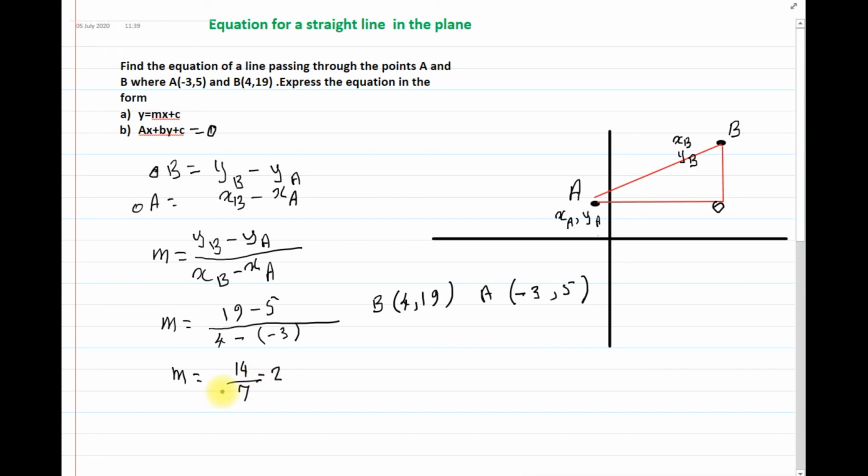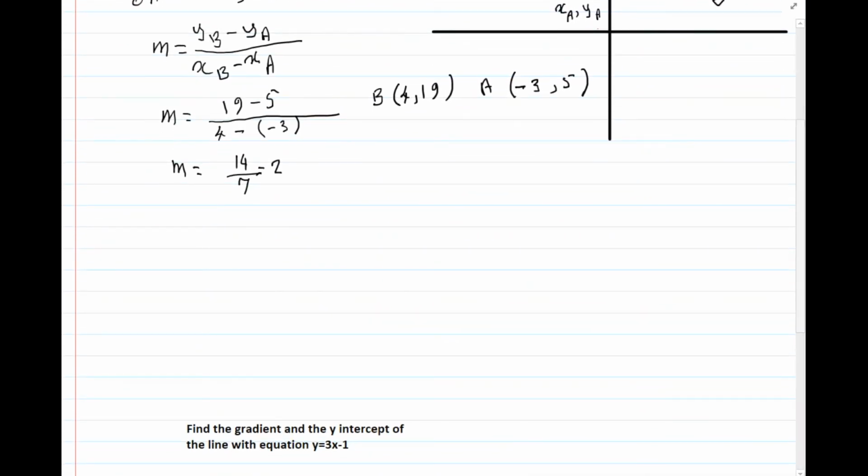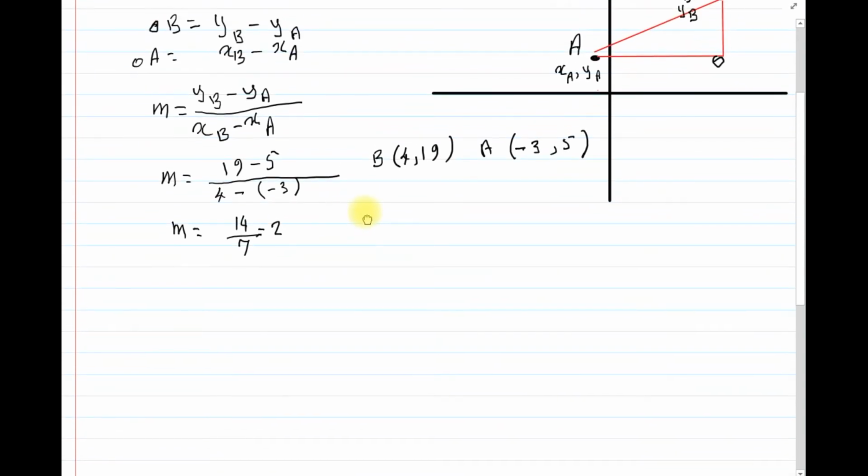So the gradient of our line is 2. So I basically have to write an equation for a line with gradient 2, which passes through either A or B. It doesn't matter. We could choose one of them.